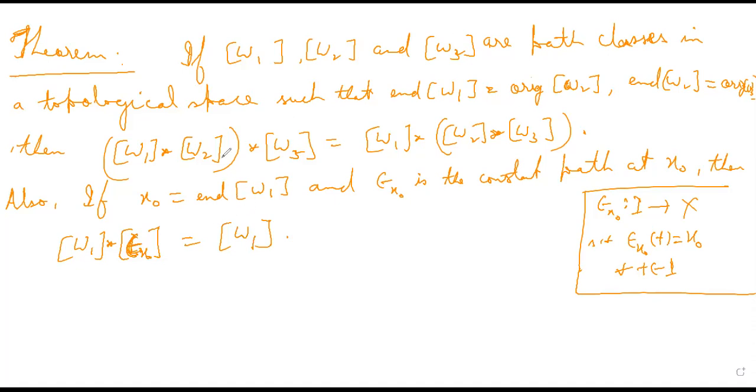So we will prove this is associativity, and this is identity, some kind of identity, right? So here you can see right identity.